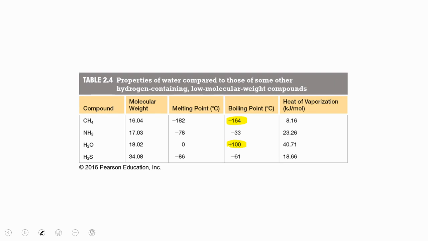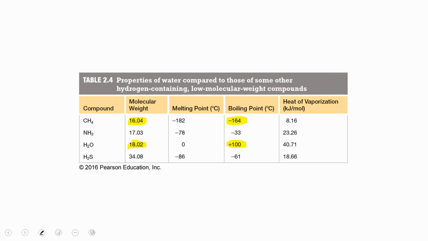Okay, but their masses are the same or similar, not exactly the same, 16 and 18. Those masses tell us that methane and water have similar van der Waals forces, but their boiling points are significantly different. So much different that it's amazing, actually.